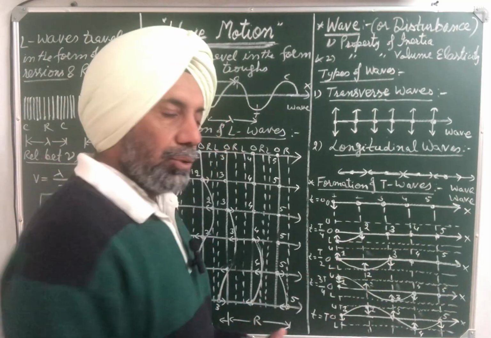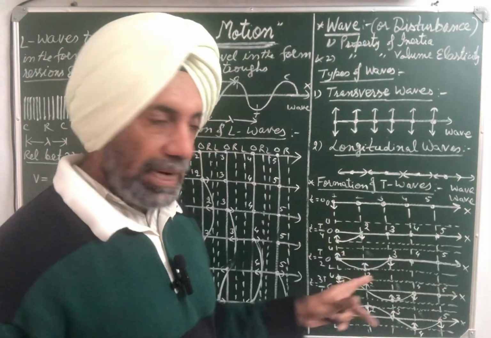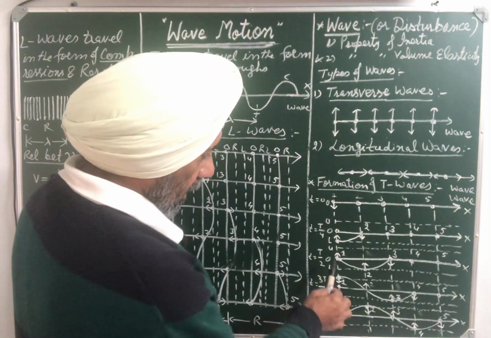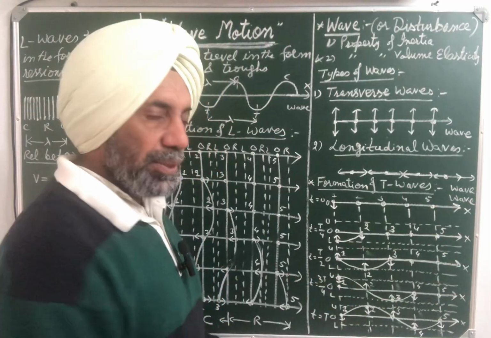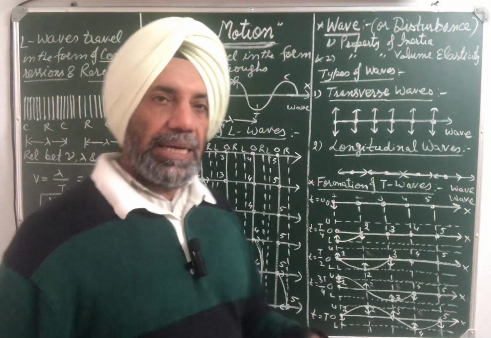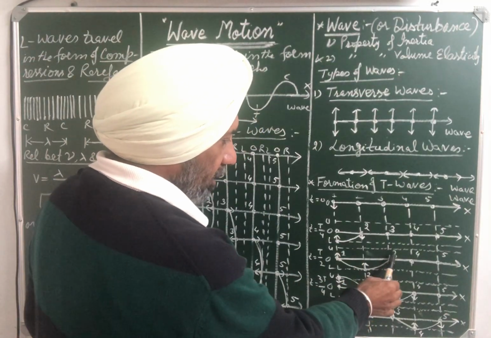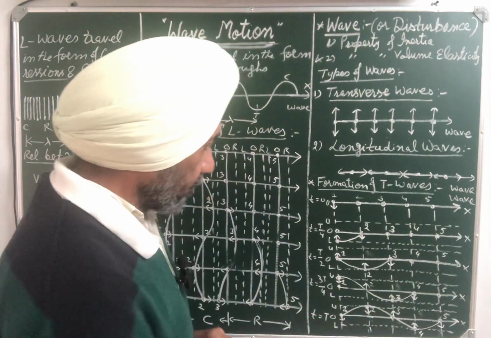Particle number 2 is just disturbed, as per our assumption, and 3, 4, 5 are at rest. At t = T/2, particle 1 comes back to the mean position, which means it completes half a vibration. Particle 2 reaches the lower extreme, particle 3 just gets disturbed, and 4, 5 are still at rest.